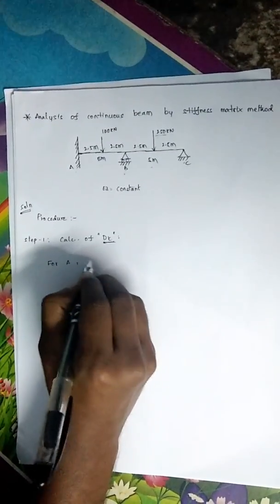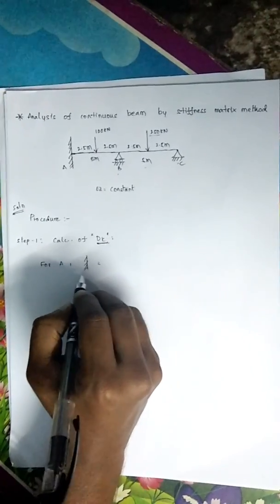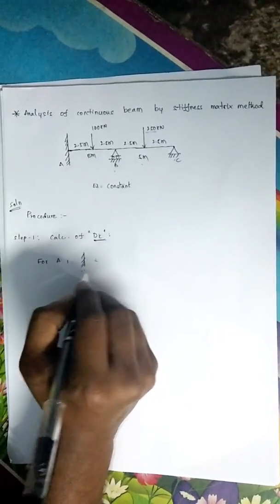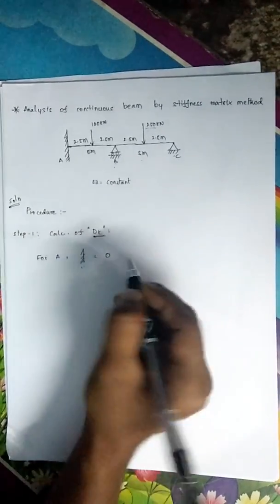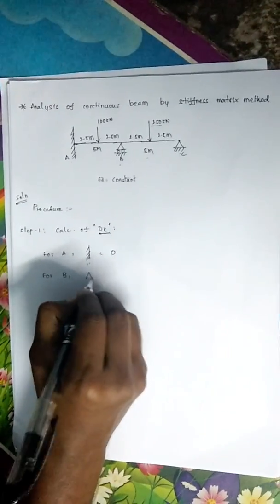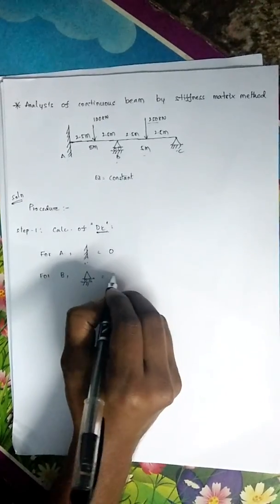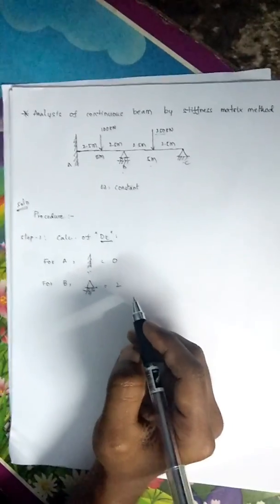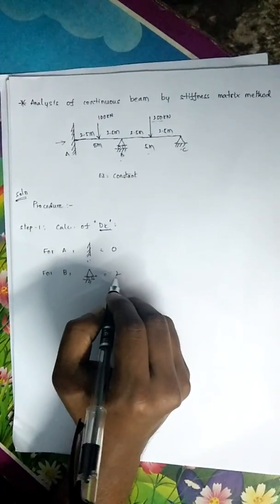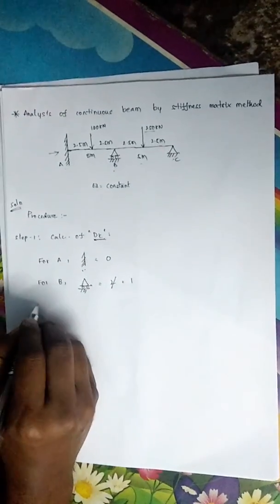For support A, since it's a fixed support, the number of moment causing forces is 0 because it is restrained in 3 directions. For B, it is a roller support. For a roller support there would be 2 moment causing forces, but since there is no horizontal force, we are not considering the horizontal force, so the total is 1.